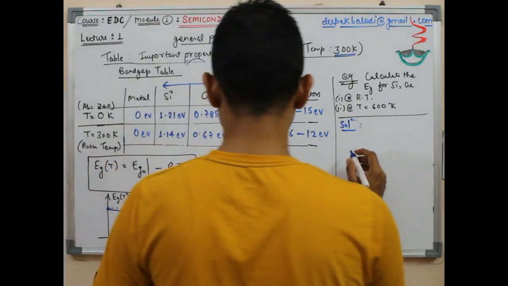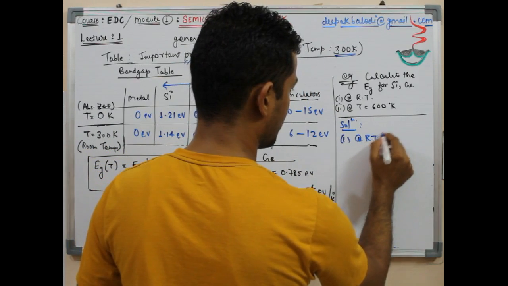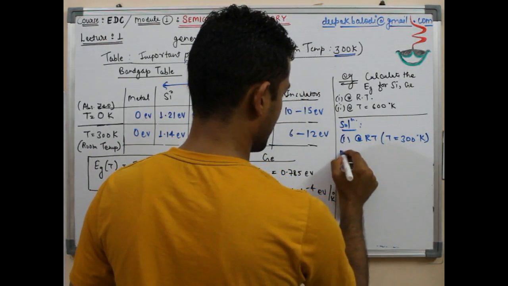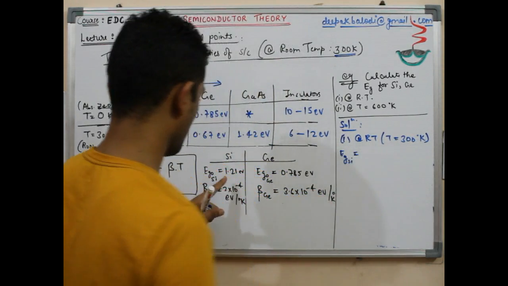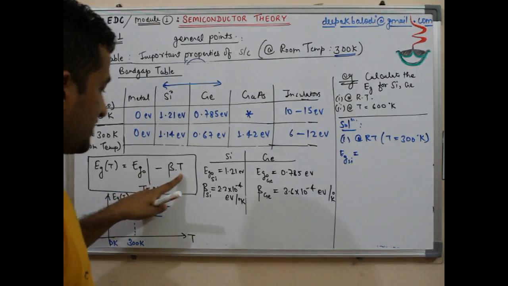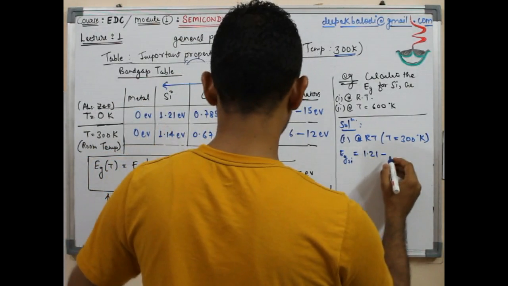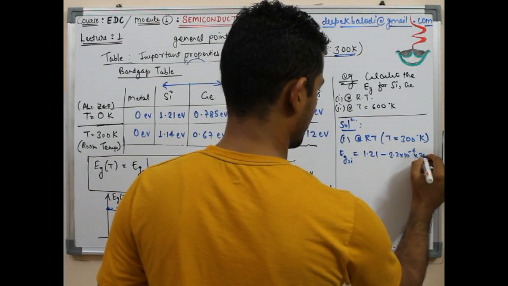Let us again calculate at room temperature first. At room temperature, T equals 300 degree Kelvin, and Eg for silicon becomes Eg naught minus beta T. Eg naught is 1.21 electron volts minus beta, 2.2 into 10 to the power minus 4, into 300.